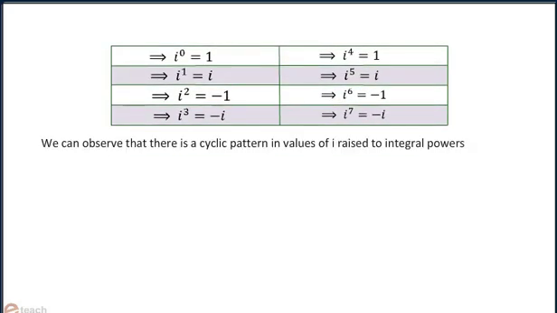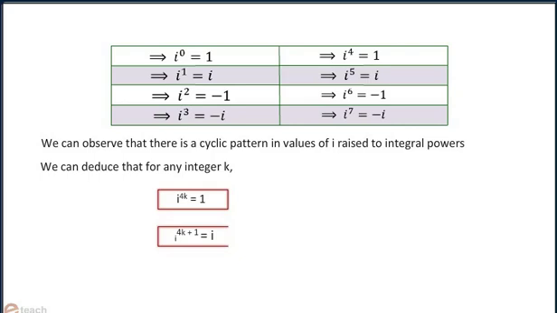We can observe that there is a cyclic pattern in values of iota raised to integral powers. We can deduce that for any integer k, iota raised to the power 4k equals 1. Iota raised to the power 4k plus 1 equals iota.